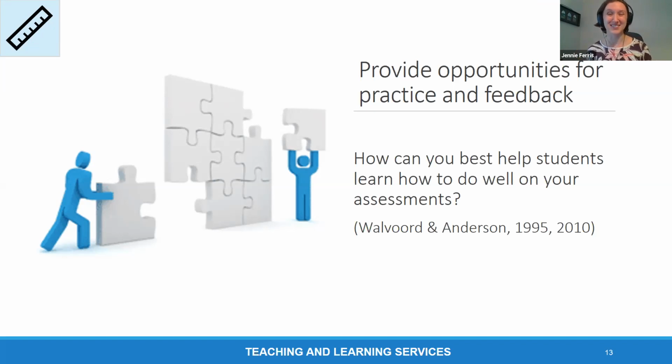So when we think about assessment as a means of practice and feedback, one of the questions we ask is, how can you best help students learn how to do well on your assessments? So how do we get from where the students are to how they can really succeed well on their assessments themselves? And this can take a variety of forms that you'll have the chance to explore over the course of the day.